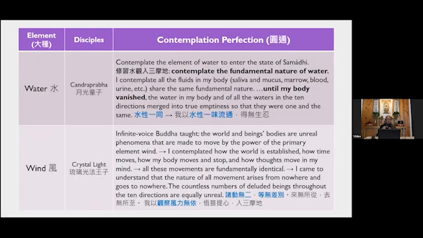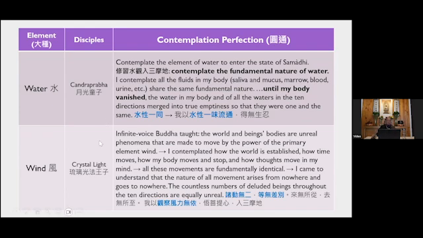Water as well. At this final stage of contemplation, you always need to enter into a certain samadhi. Use the samadhi power to contemplate the four elements, until the body and the mind vanish, and the elements become wisdom.